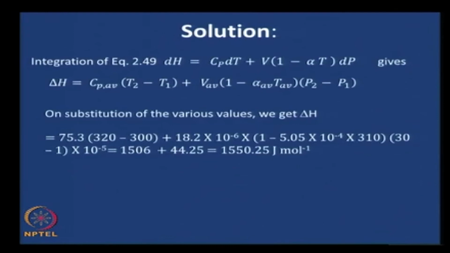In this case, since we have calculated both, we need to include both here. This is not too small either, it is 44 out of 1500, and therefore it is good to take this. So 1506 plus 44.25, 1550.25 joule per mole, this is delta H.